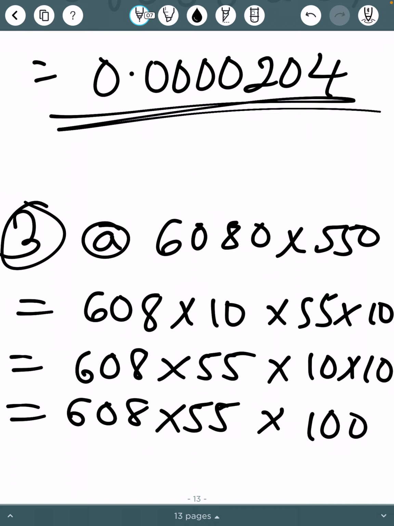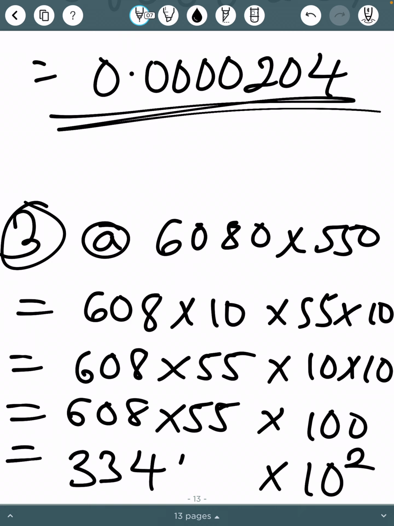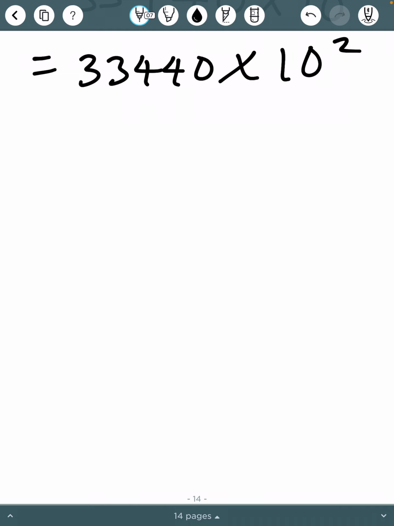Write 100 as 10 raised to the power 2. The answer is 33,440. So my answer is 33,440 times 10 raised to the power 2.